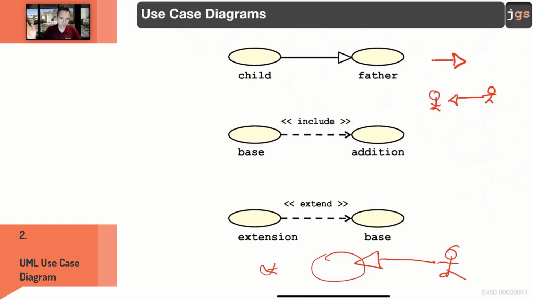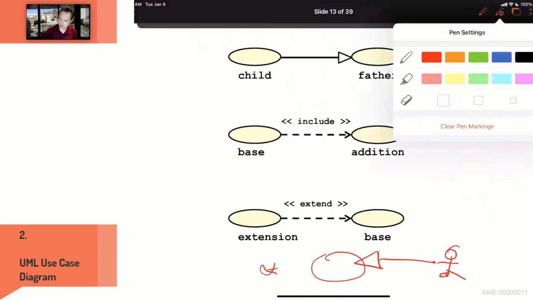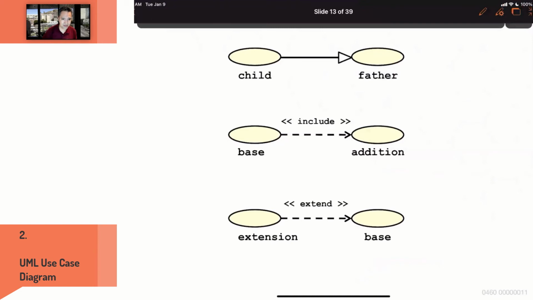It's not possible, right? Okay, so inheritance only between things that are the same kind. Ovals inherit from ovals, actors inherit from actors. Done. The others. You can have connections with dotted lines and an arrowhead, and those can be inclusion or extension.